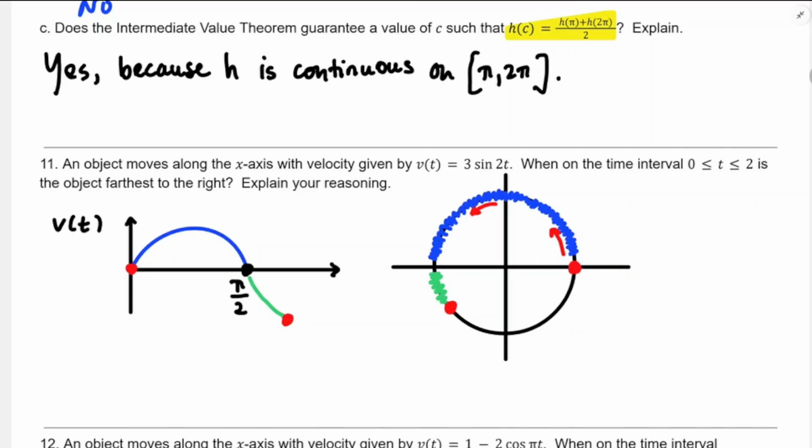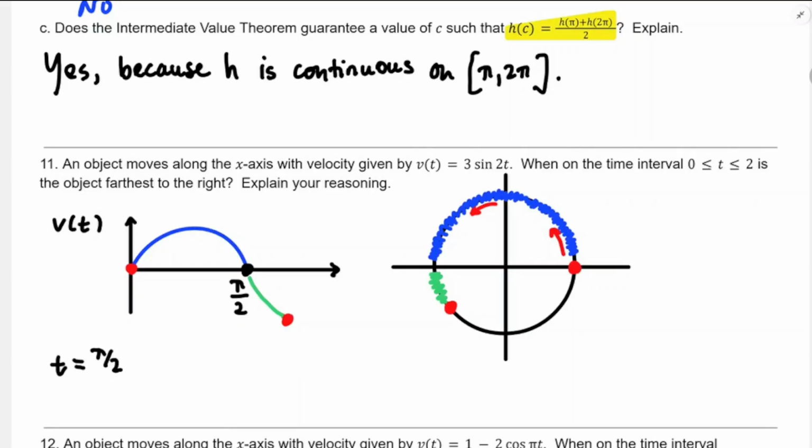Okay, so the answer would be t equals pi divided by 2, and my reason would be that it is the only critical point. I think I've explained my reasoning plenty well.